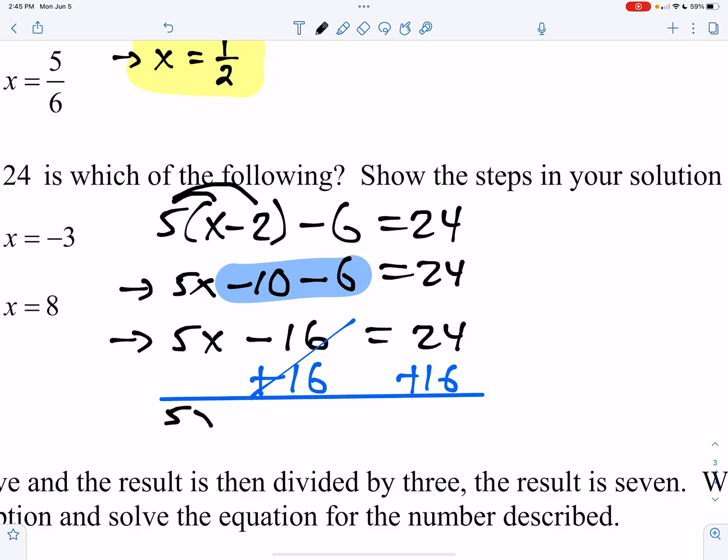And we get 5x equals 24 plus 16, which is a total of 40. Last step, if I see 5x, that means 5 times x. The opposite of multiplying by 5 would be to divide by 5. x is now by itself, and 40 divided by 5 is 8.